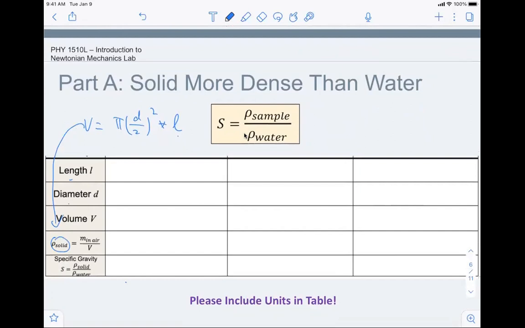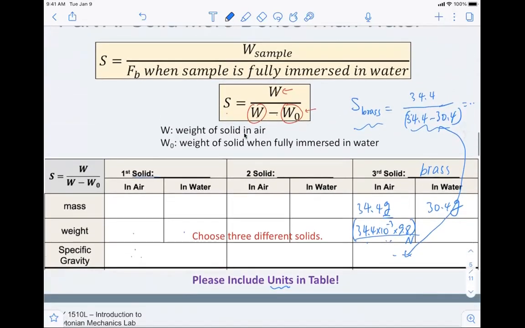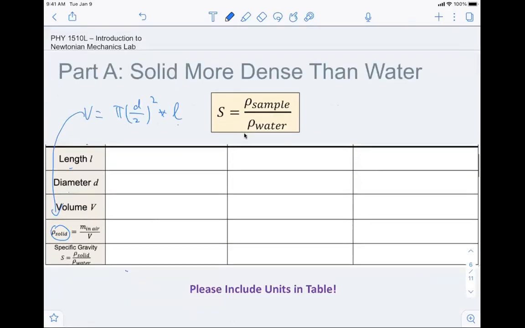So this is a more theoretical method in part A, and where you use Archimedes principle is more of an experimental method. You could compare the results of your specific gravity for the same object. They should agree with each other. So this is like a check, just to check if your answer agrees with what the theoretical value is.